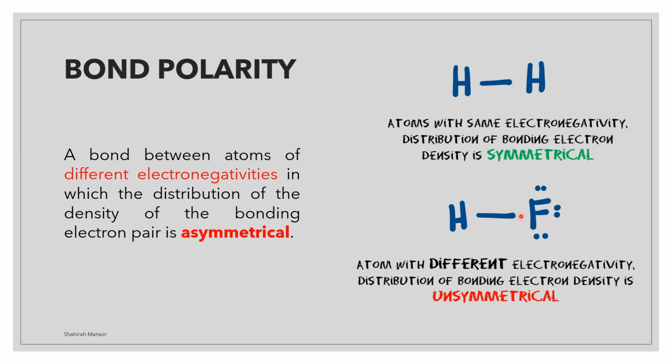So in this case, this bonding akan menjadi polar bonding. So this molecule has bond polarity, and that molecule does not have bond polarity, kerana bonding ini adalah non-polar and this bonding adalah polar.